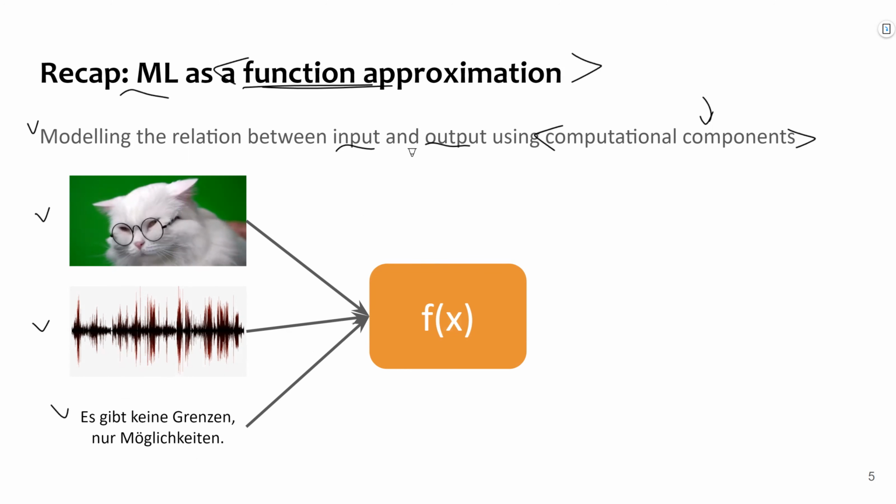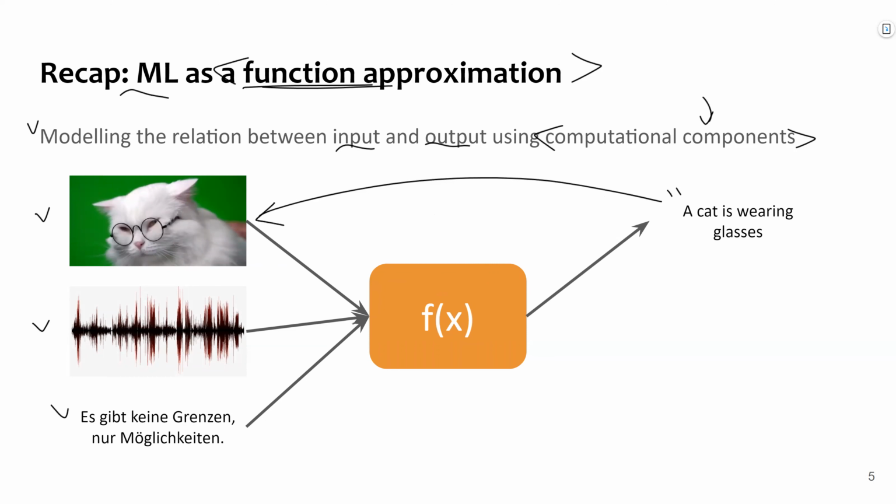I told you that this machine learning model is a type of function. And using this function, we want to map the inputs to the outputs. For instance, we might want this type of output for the first input.